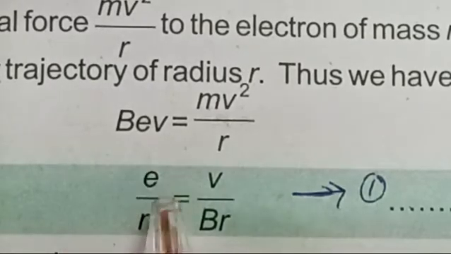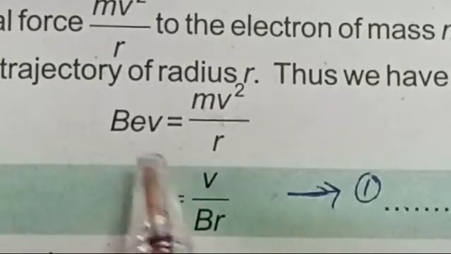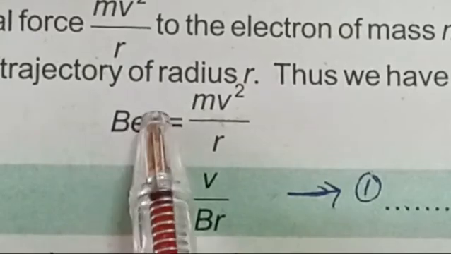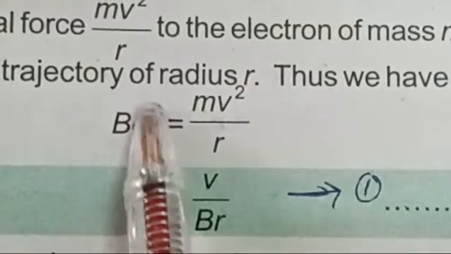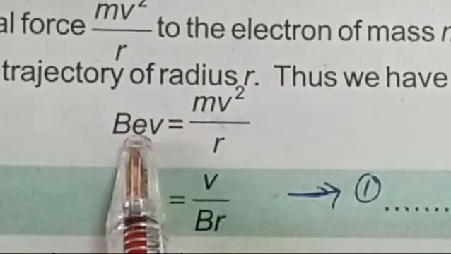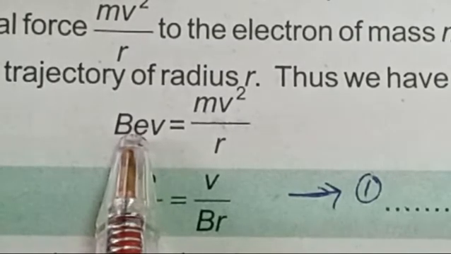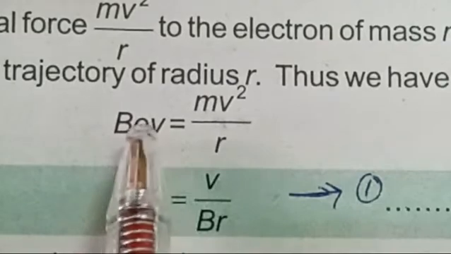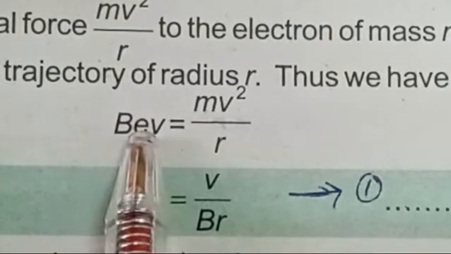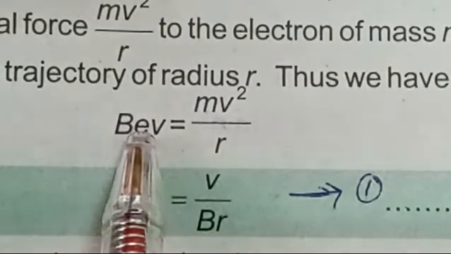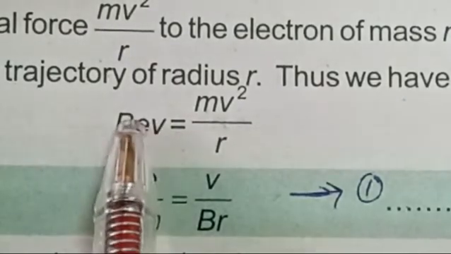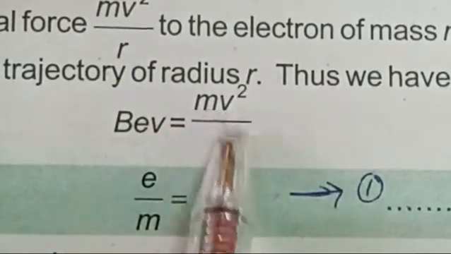Now, the magnetic force F is BeV, as you learned at the start of the topic: F equals eVB sin theta, where theta in this diagram is 90 degrees. So your answer is BeV, or eVB. Magnetic force BeV is equal to centripetal force mv squared over r.